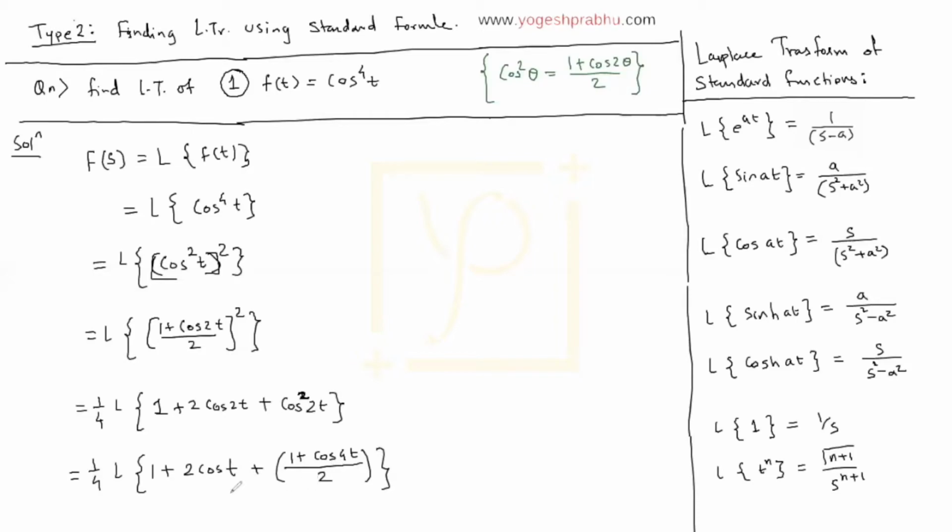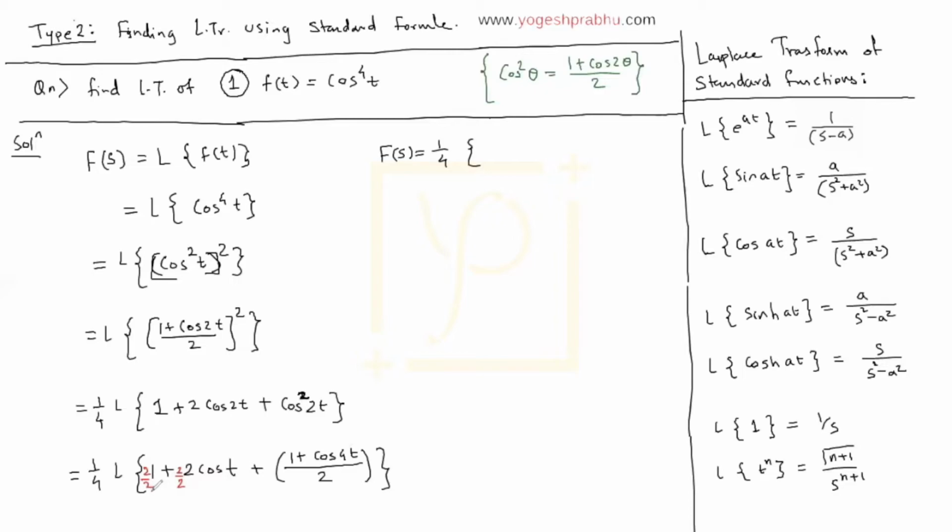But before that, you can simplify by taking this 2 out of the bracket. If we do that, this F of s will become 1 by 4 outside. Let me write down a few steps here. I can write 2 by 2 here and 2 by 2 here.